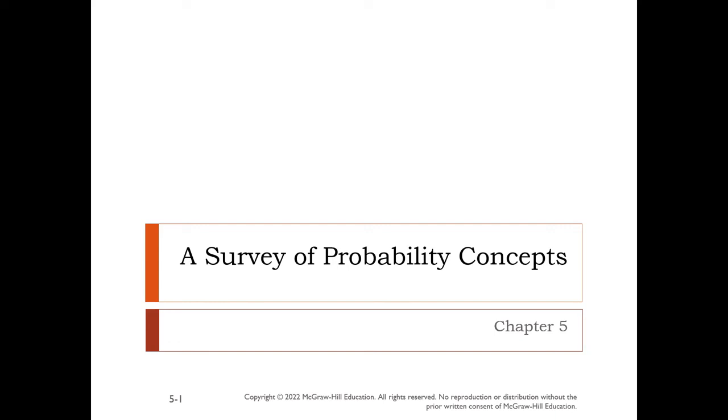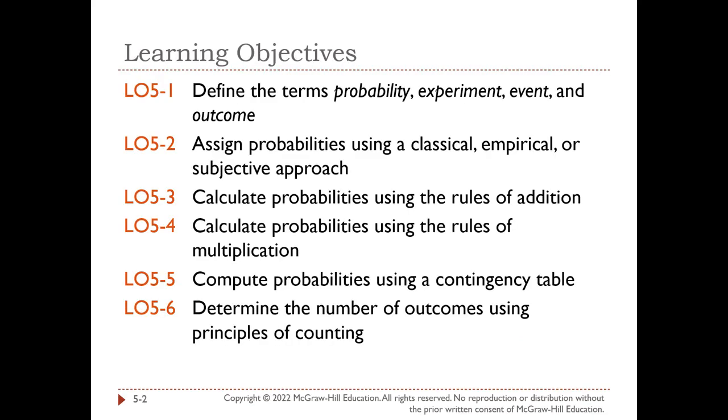Let's go ahead and get into our learning objectives for this chapter in PowerPoint. First off, we're going to define the terms probability, experiment, event, and outcome. Learning objective 2, we're going to assign probabilities using a classical, empirical, there's the empirical rule again, or subjective approach.